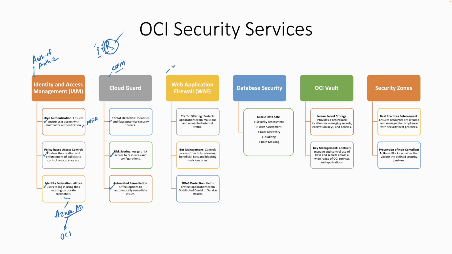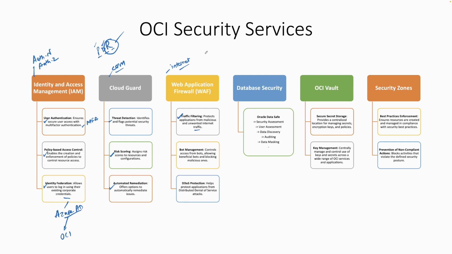Then we have something known as WAF or a web application firewall. So normally this would be used for internet-facing applications. If you have internet-facing web servers, to protect your web servers from outside traffic, you can actually filter that traffic using a web application firewall. So the WAF will help you with traffic filtering, which protects the application from malicious and unwanted internet traffic.